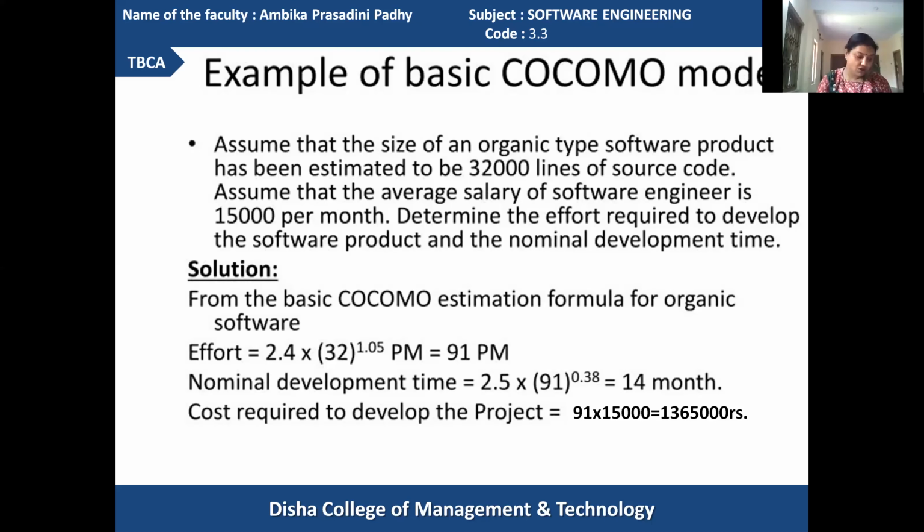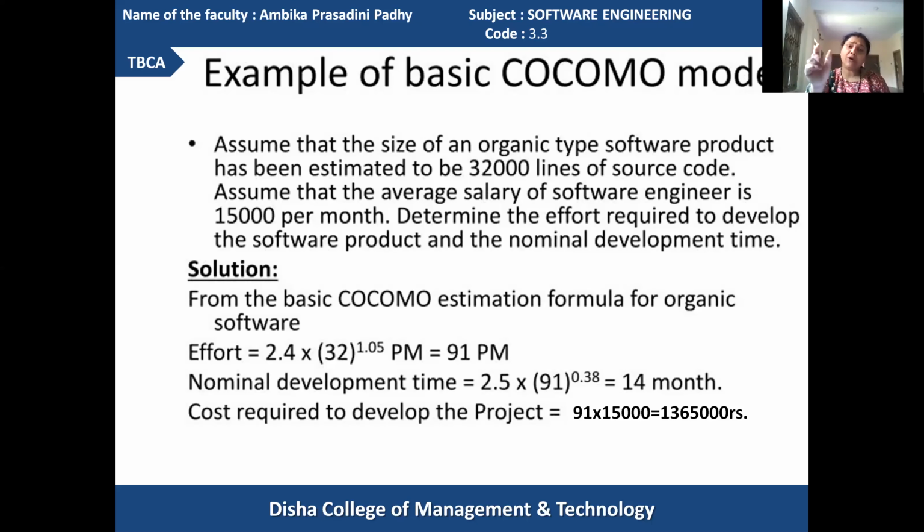And the total cost will be here equal to 91 multiplied with 15,000. 91 multiplied with 15,000 will give you the value 1,365,000 rupees. Got it? And you can do it in your notebook to calculate the value.